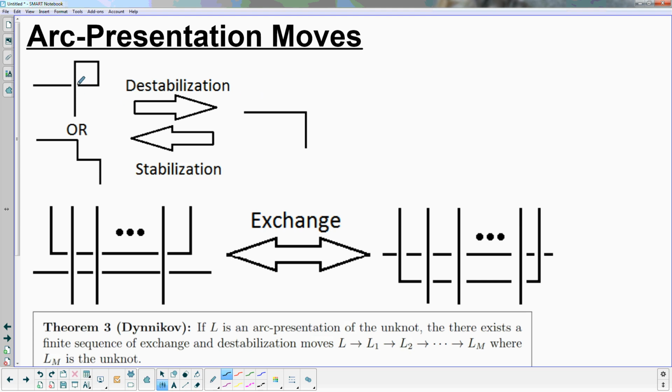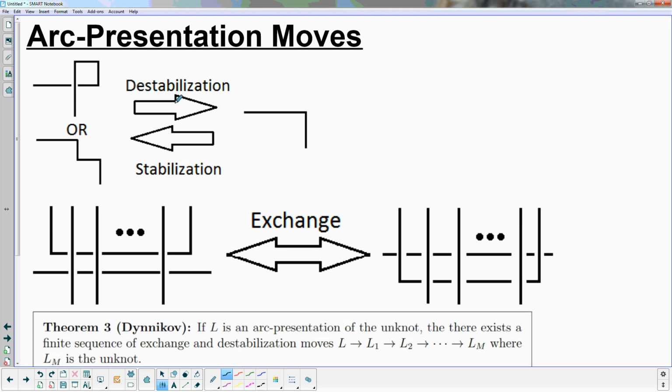That would be like taking this arc here, which looks like a Reidemeister 1 move, and that's because it is. It takes this arc presentation from this form to this form. That's a destabilization.